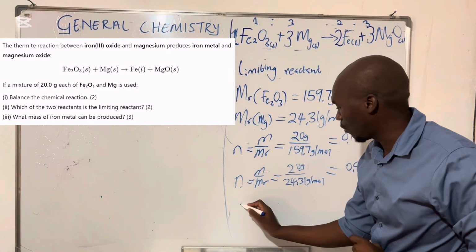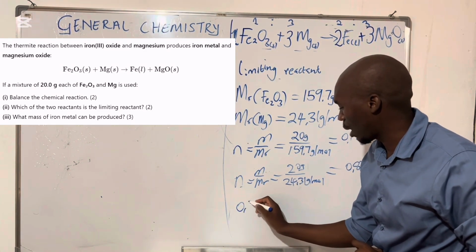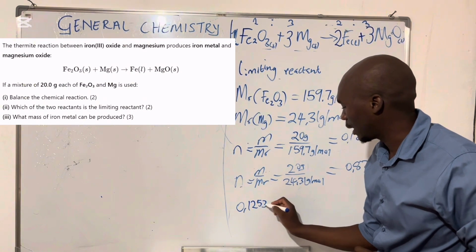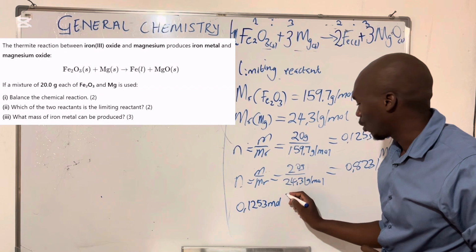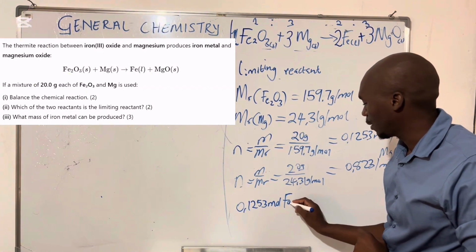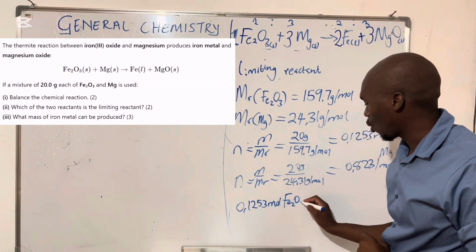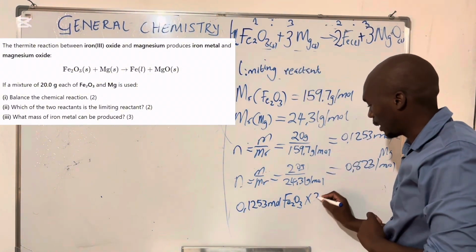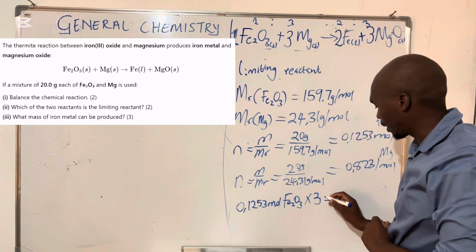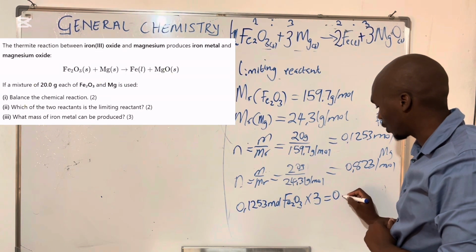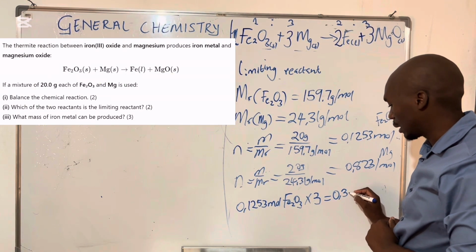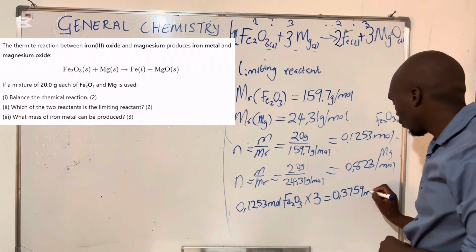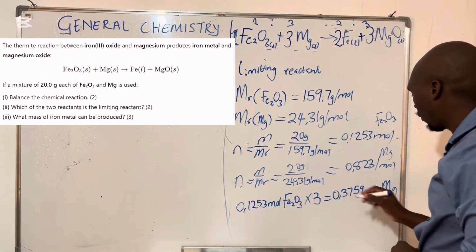So the number of mole that is going to be required is 0,1253 mole of Fe2O3 multiplied by 3, which is going to give us, this is what is supposed to be required, 0,3759 mole of Mg.